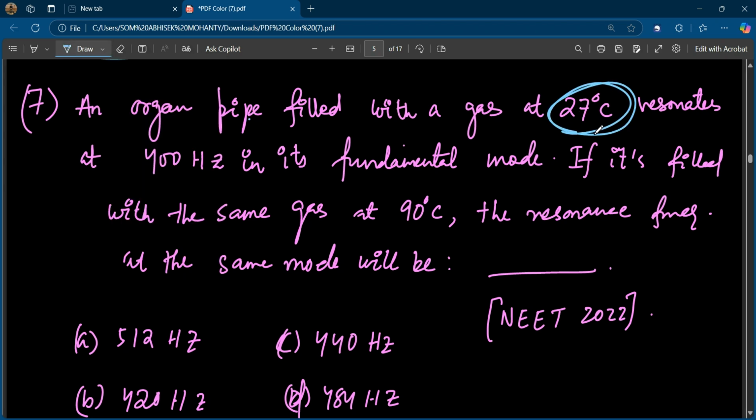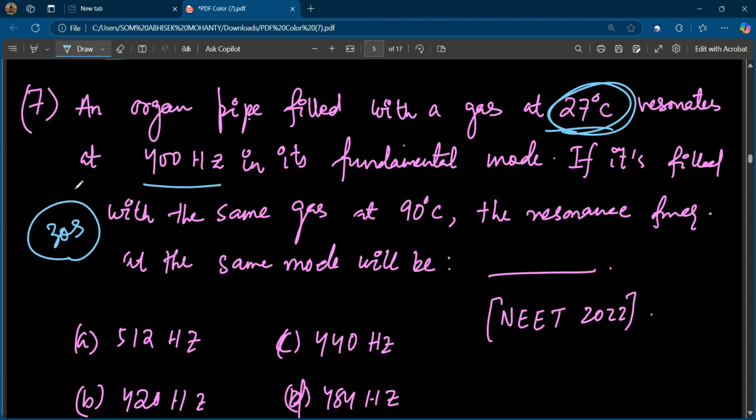This is the first temperature, resonates at 400 hertz. So try to find the relation between temperature and frequency, because these two things are only there. You have 30 seconds maximum for this easy question.